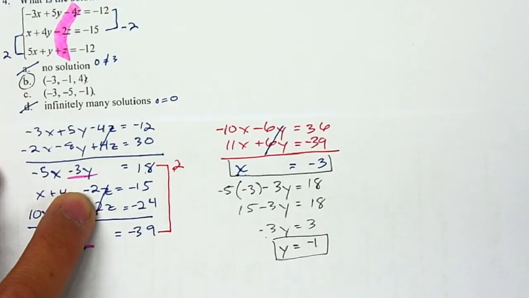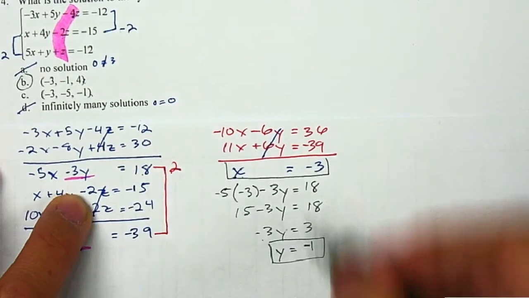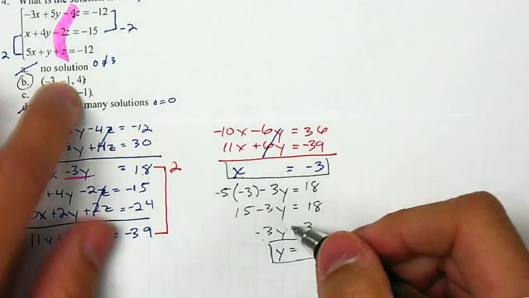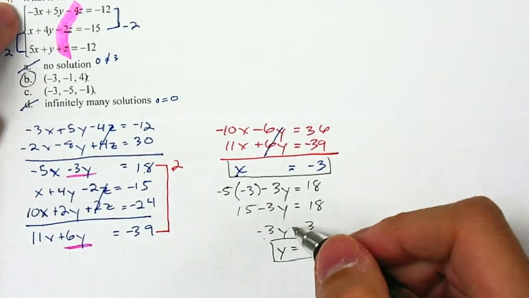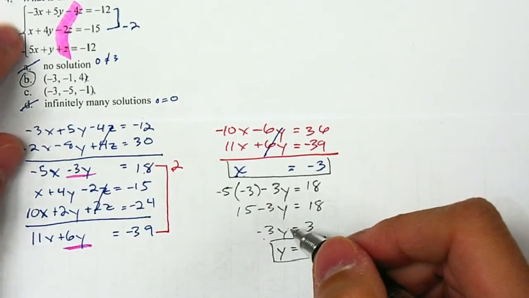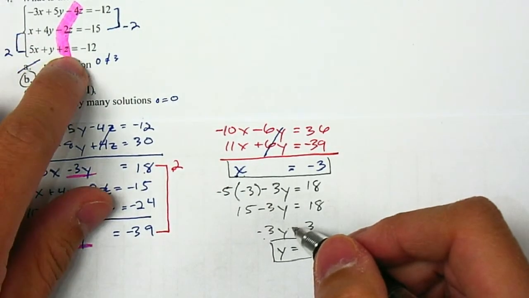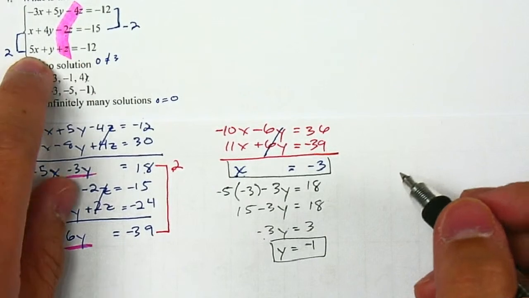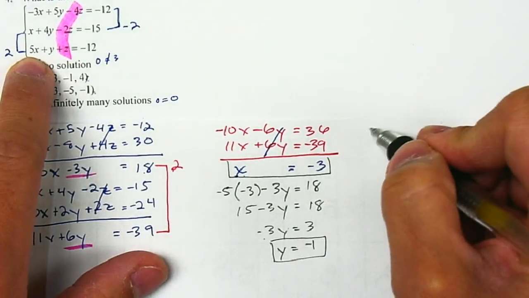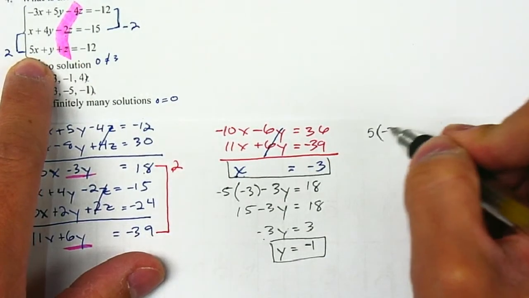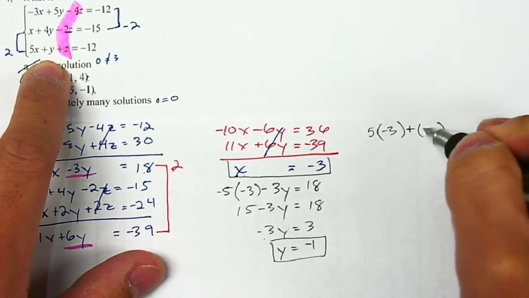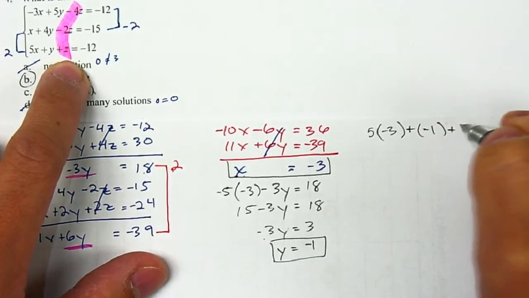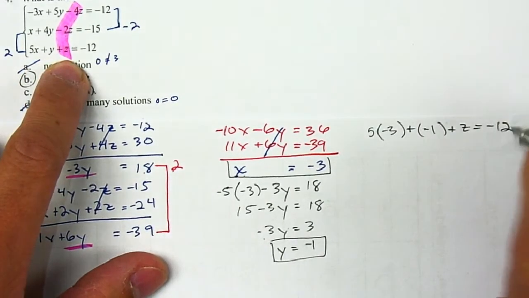But let's just go through the last step of substituting in x and y to find z, just in case those were the same. So I can choose any one of the original bracketed equations now, and I'm trying to find z. So I'll just choose the last one just because z is already by itself here. So I'll plug in the x here. 5 times x, which is negative 3, plus y, which is negative 1, plus z is equal to negative 12.